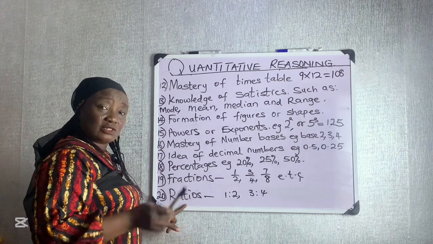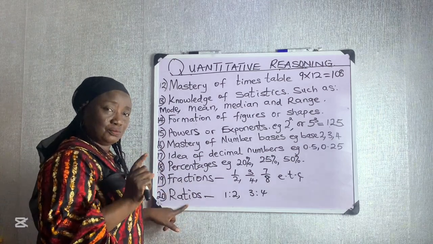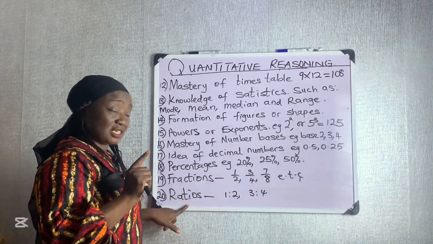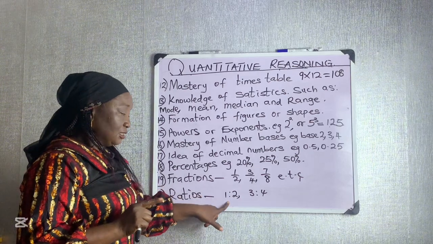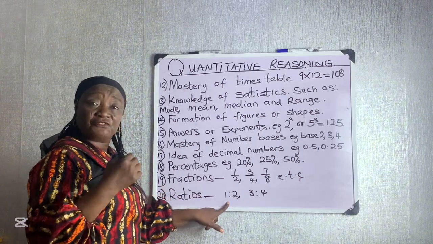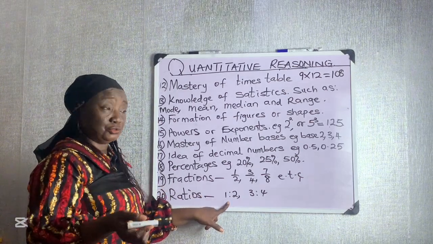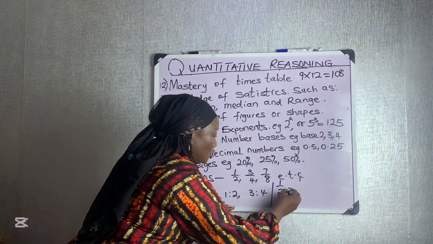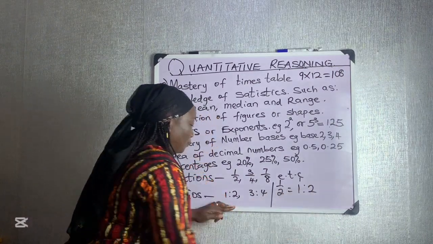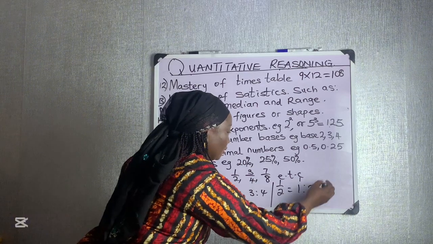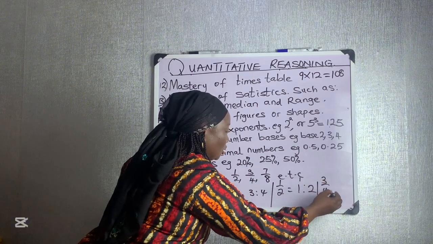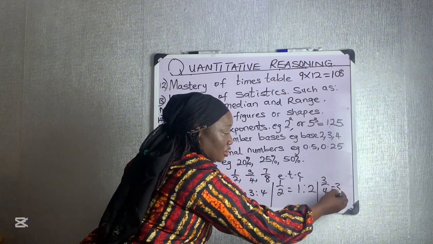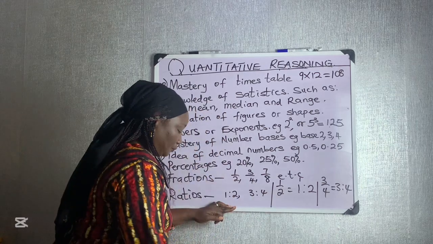Another point which is also in mathematics is ratio. Very, very important to take note of it. You might be given a fraction to change to ratio. For instance, if I'm given 1/2 to ratio, simply 1:2. If I'm given 3/4 to ratio, it's definitely going to be 3:4.